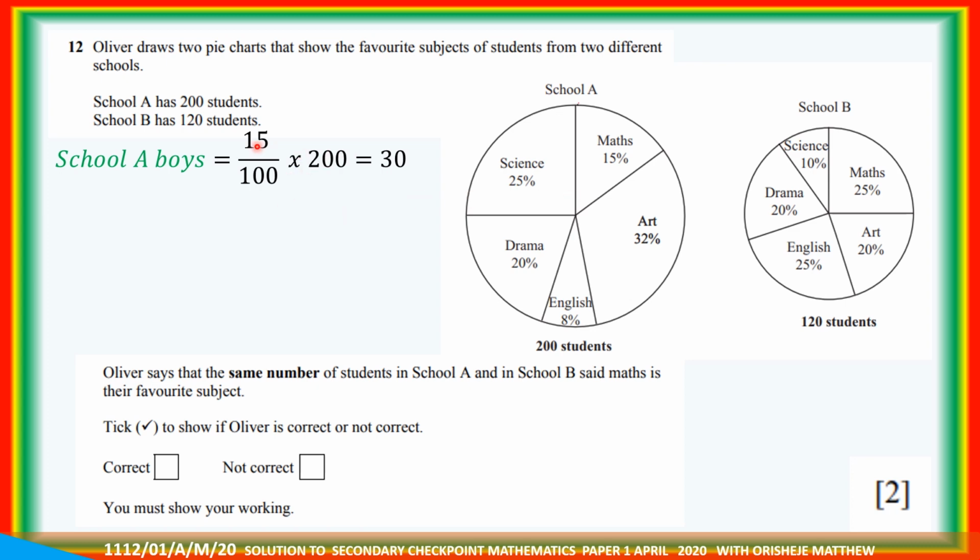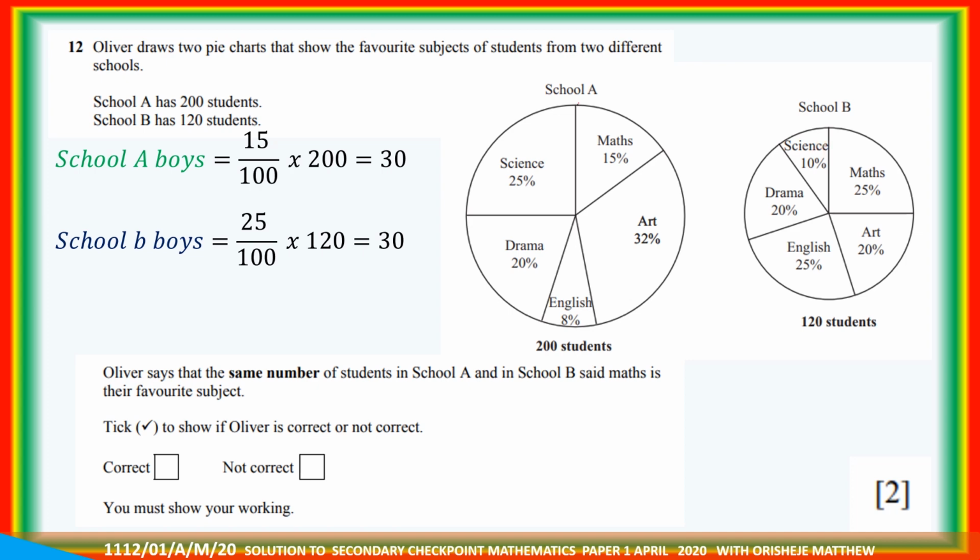So 2 times 15 will give me 30 students. That is school A. So let's look at school B. 25% of the students, from this sector of the pie chart, that is 25 out of 100. So 100 divided into 120, or 25 going into 100 gives me 4. 120 divided by 4 will give me 30. So you have 30 students.